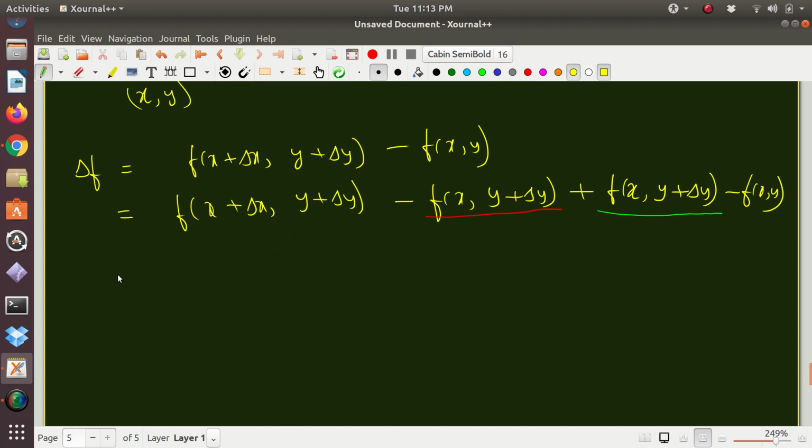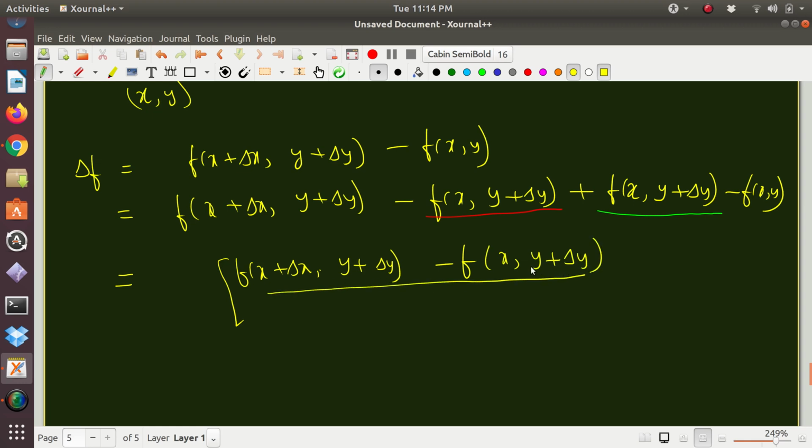So what I can do is I can think of delta f as f of x plus delta x, y plus delta y minus f of x, y plus delta y, divided by delta x, times delta x, plus, I'm multiplying and dividing by delta x for the first two terms.